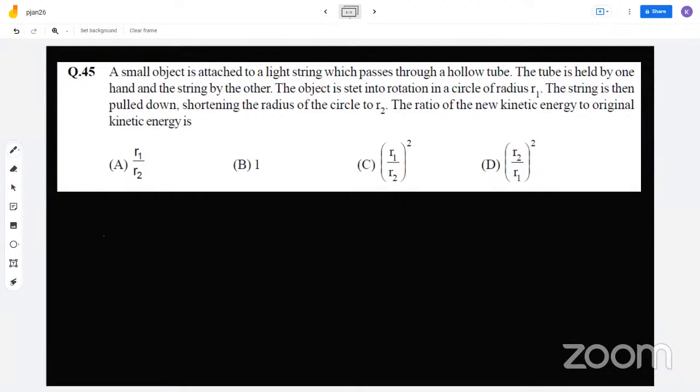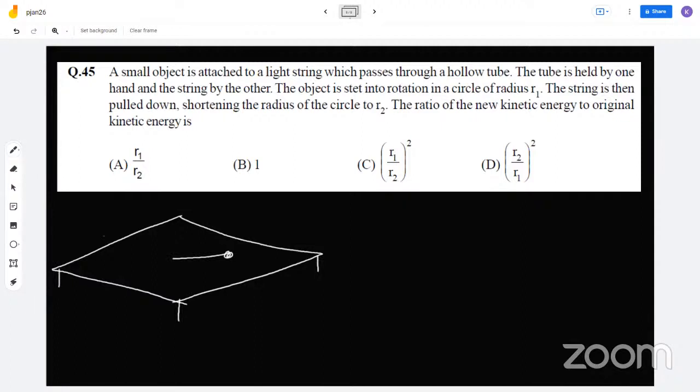So Arav, this will be in a horizontal plane, right? Say this is an imaginary plane, and there is a hollow tube here. This object is rotating about this axis. Initial radius is r1.